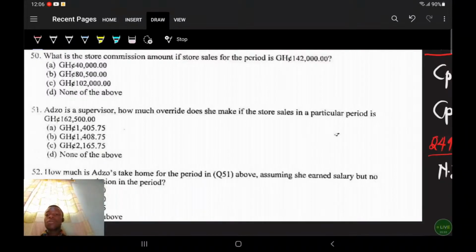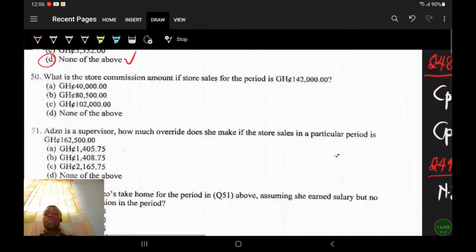Let's move on to question 50. What is the store commission amount if the store sales for a period is 142,000? Store commission amount is going to be the store sales minus the store quota.